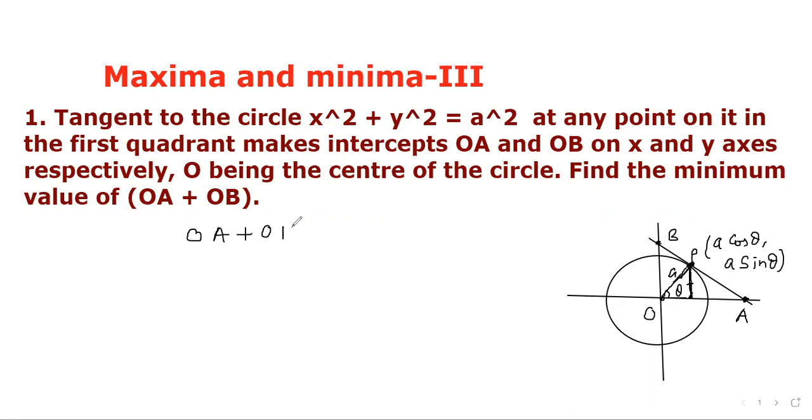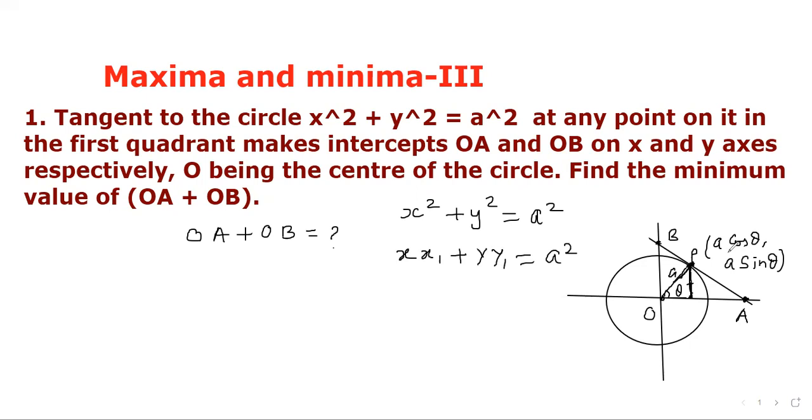In order to find the expression for OA plus OB, we consider the equation of the circle and the equation of the tangent to the circle. x square plus y square equal to a square. The equation of the tangent to the circle at point x1, y1 is given by x x1 plus y y1 equal to a square.